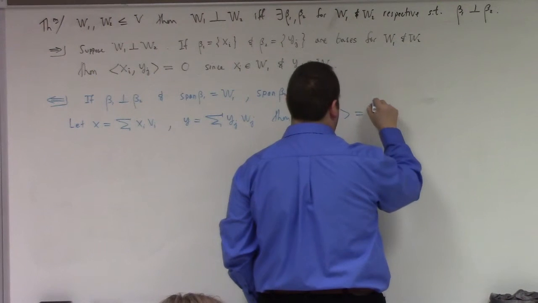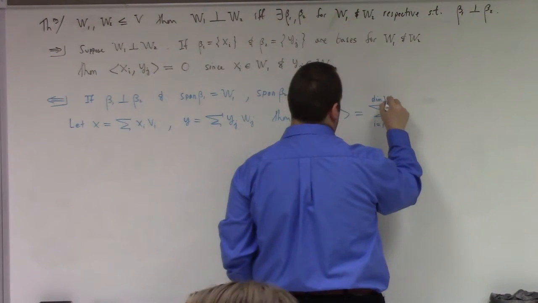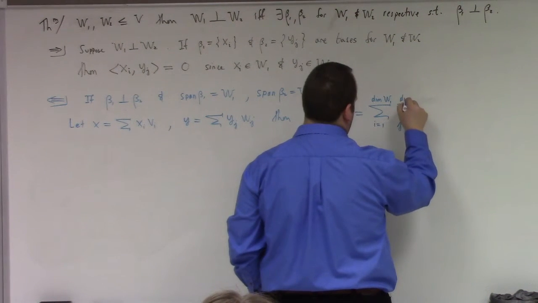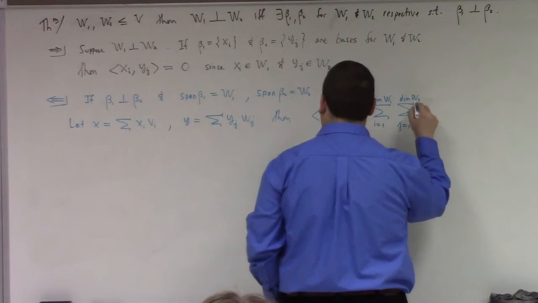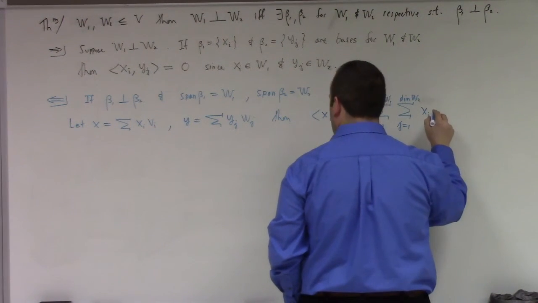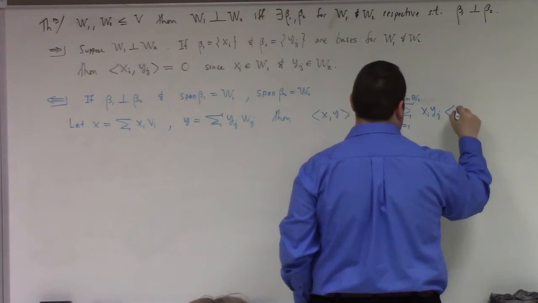So sum i equals 1 to the dimension of W1, and the sum j equals 1 to the dimension of W2. And our coefficients were x_i and y_j, and I have the inner product of v_i with w_j.